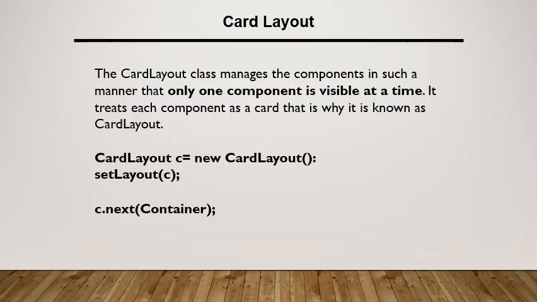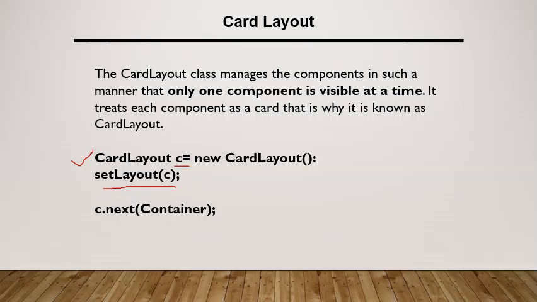Card is a stack of cards. With the card layout, say here you are going to use this object C. So you just can't write directly like other layouts, set layout new card layout. Rather you will have to create the object of card layout separately and then set layout C, because this C you are going to use.